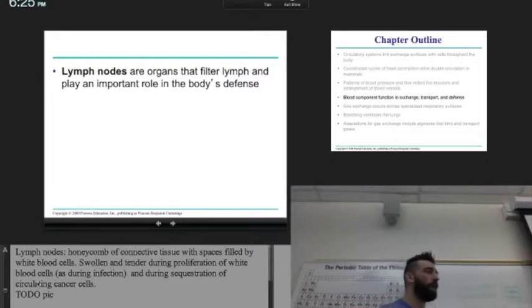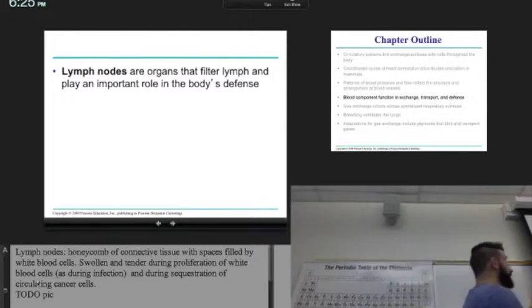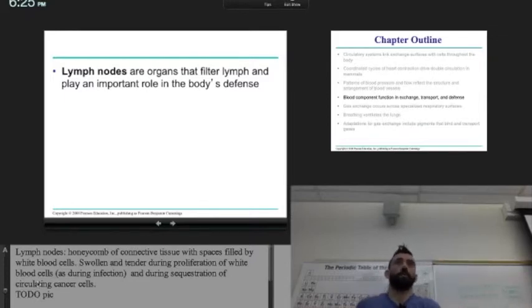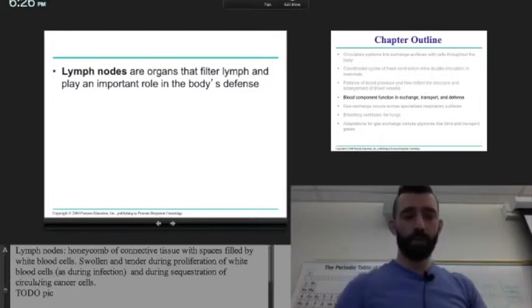They also check to see whether cancer has metastasized, right? Metastatic cancer is when cancer leaves a particular organ and proliferates to other parts of the body, so it needs to use some sort of circulatory mechanism to do that. Cancer cells are actually sequestered in lymph nodes, so doctors can use that as an indicator of whether cancer has metastasized.